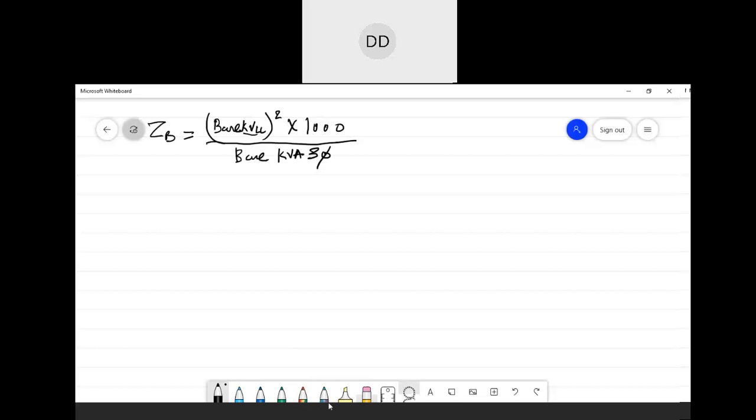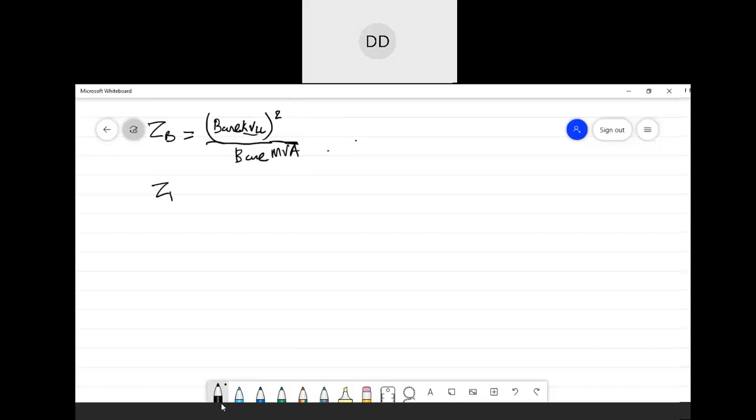So we can write base KV LL and base MVA. So Z base is like this.